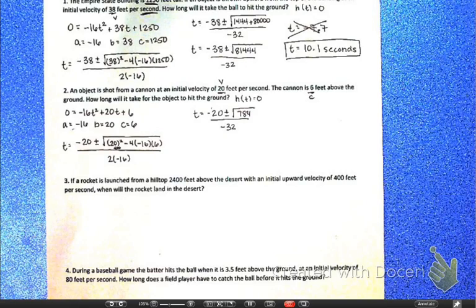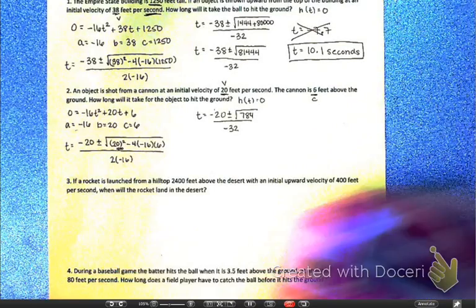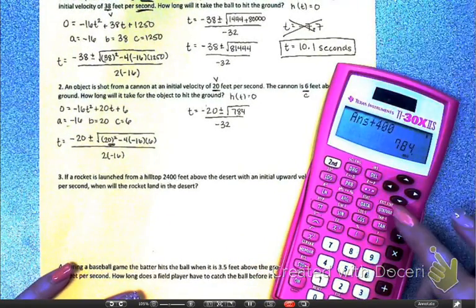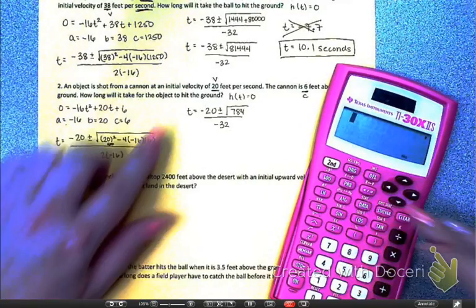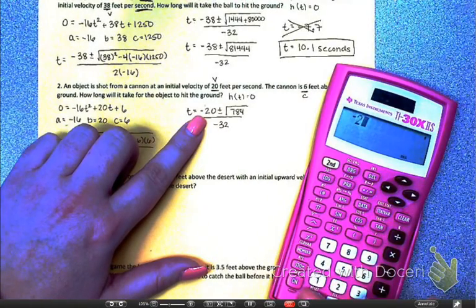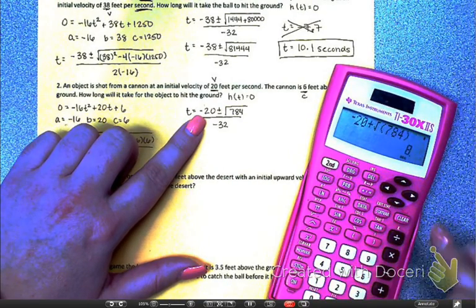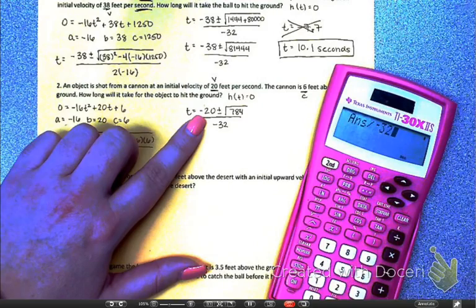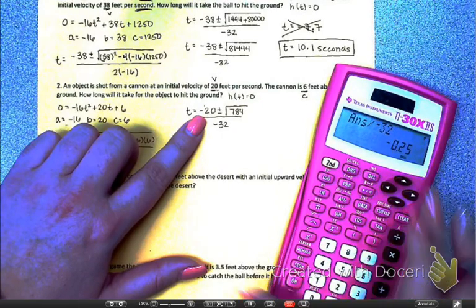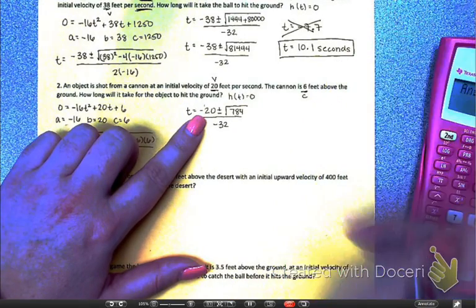Okay, so let's see if you can use your calculator now. I want you to get the 2 answers from your calculator. The first one is negative 20 plus the square root of 784 divided by negative 32. You should have gotten negative 0.25.